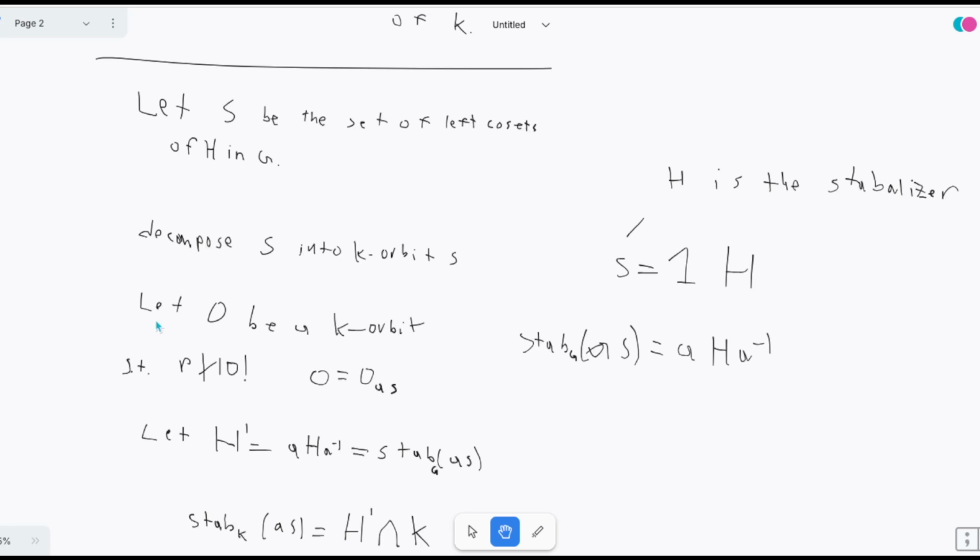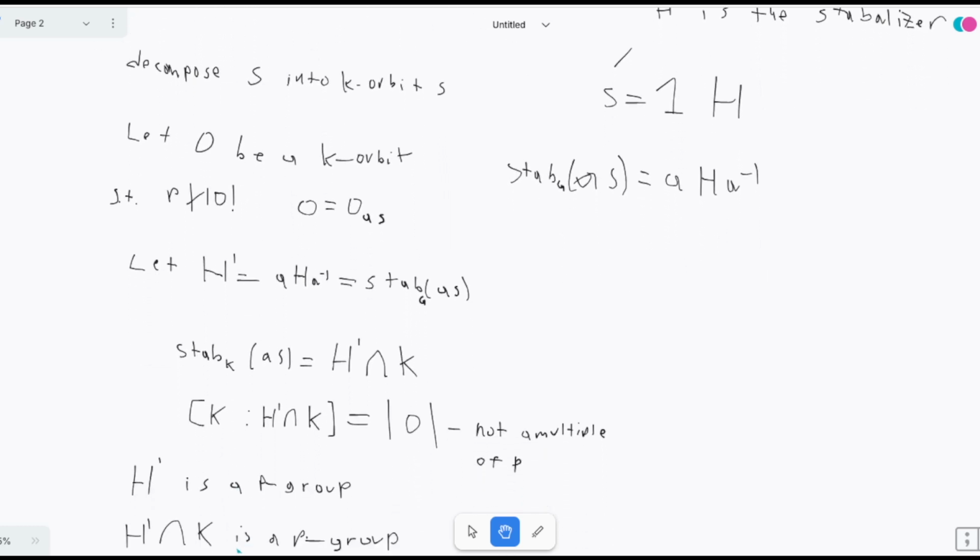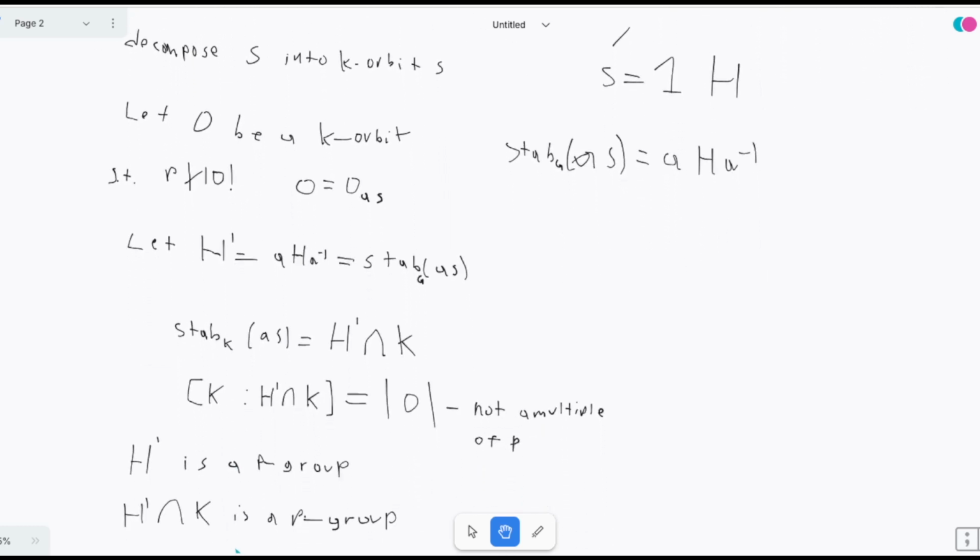Then the stabilizer is AHA minus 1. And then we compute the stabilizer restricted to K and the index. And from the orders of that, take the intersection, and that has to be a Sylow subgroup.